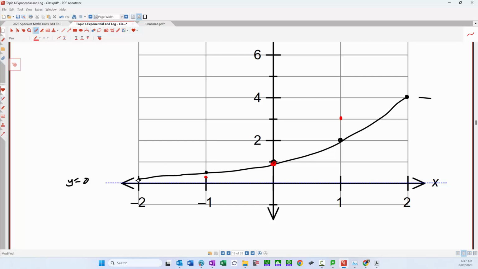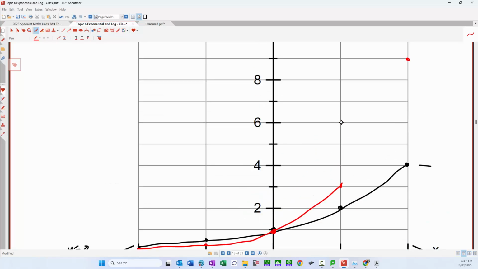And a ninth, so just getting closer down here. So that's our y equals 3 to the x, and this is our y equals 2 to the x.